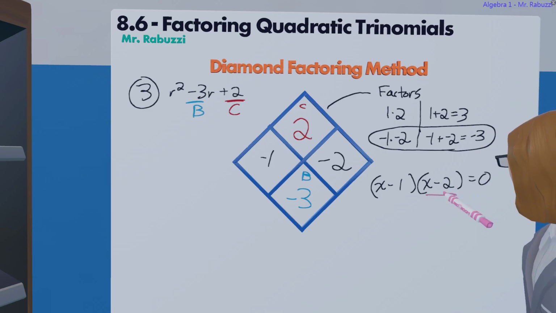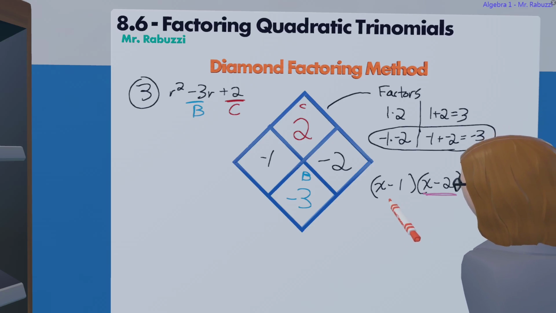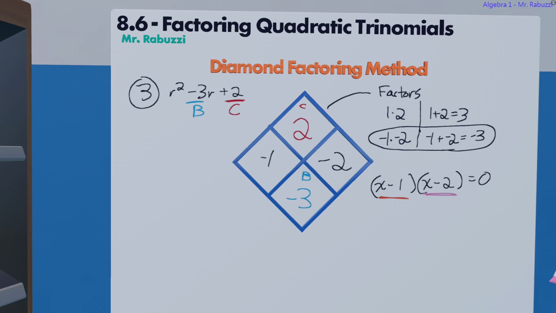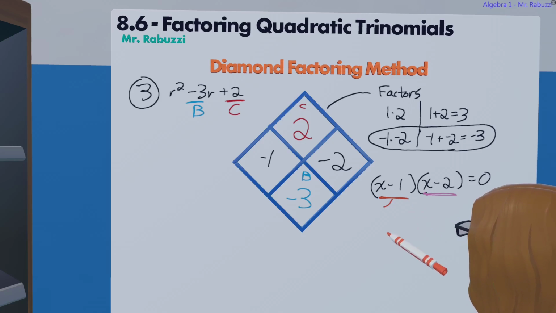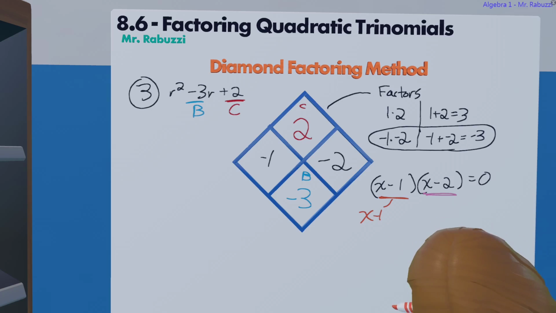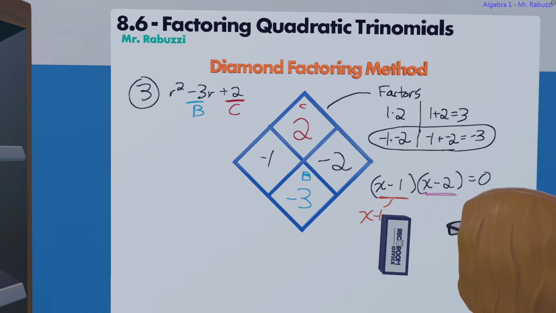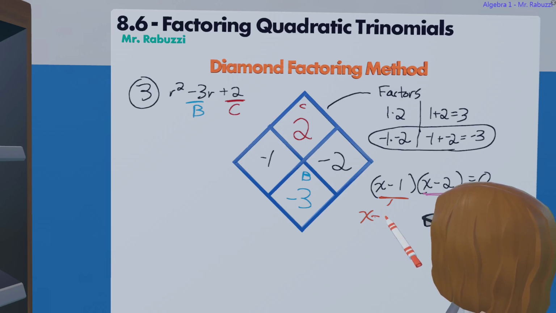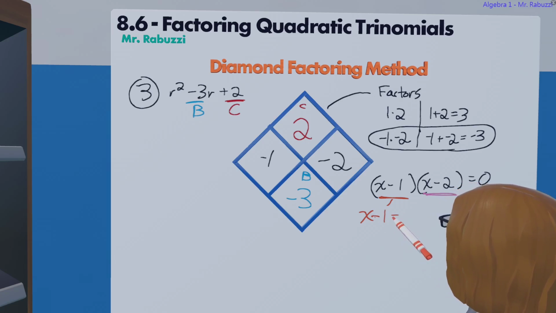This will be our pink factor, and this will be our orange factor. So let's do orange real quick. We take orange, we take one of our factors like this, and we do that factor, x minus 1, equals 0.